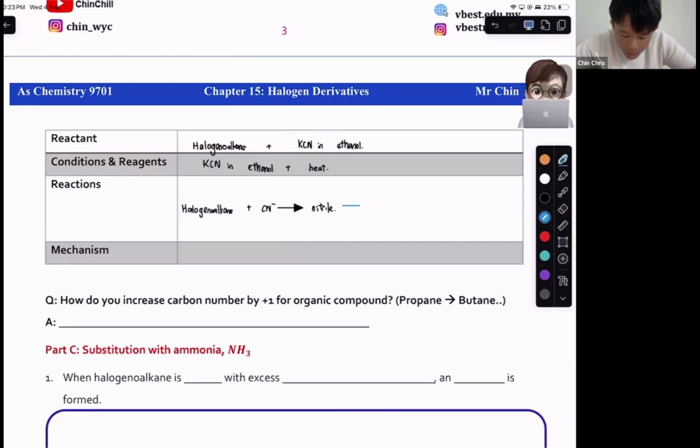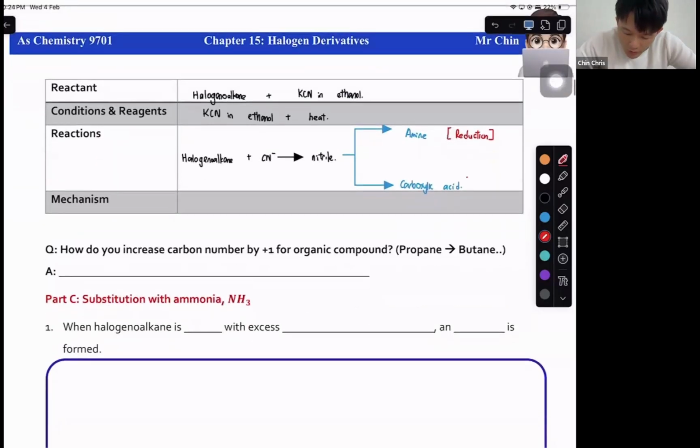Once a nitrile is formed, a nitrile can undergo two more reactions to either turn into an amine or a carboxylic acid. To turn into an amine, we call this reduction. To turn into a carboxylic acid, acid hydrolysis. Mechanism: nucleophilic substitution. That's it.